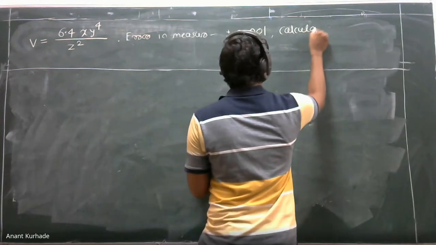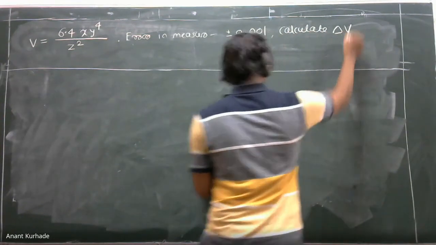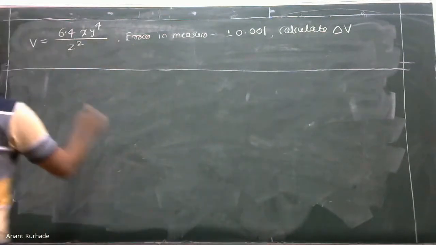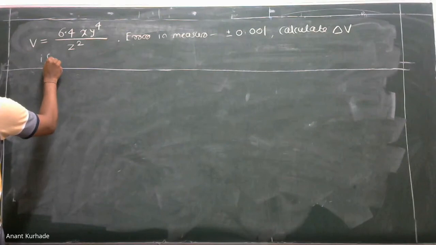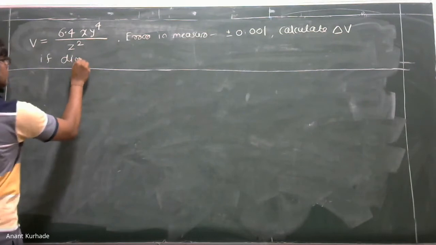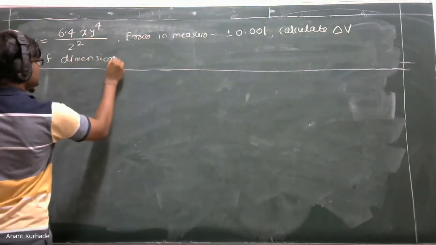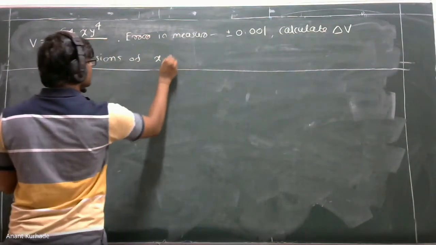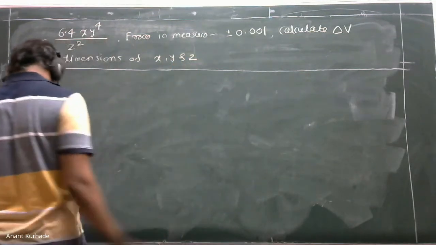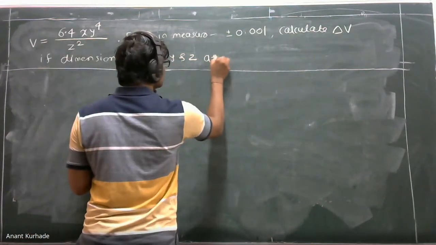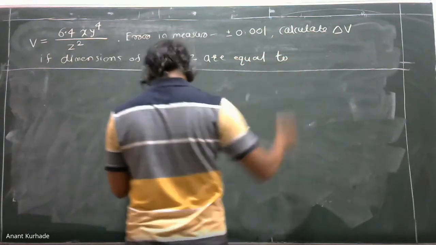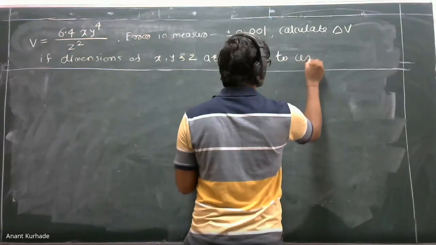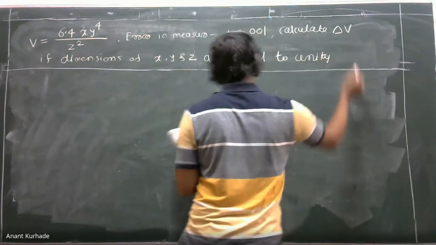Calculate delta V if, this is important, if the dimensions of x, y, z are equal to unity.